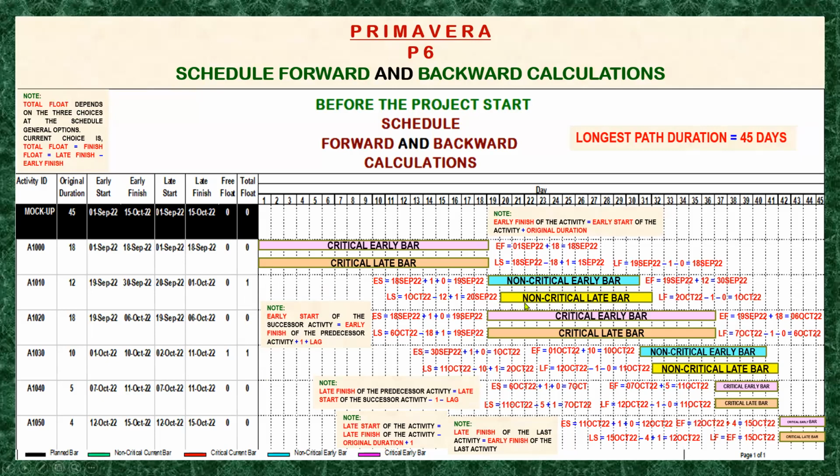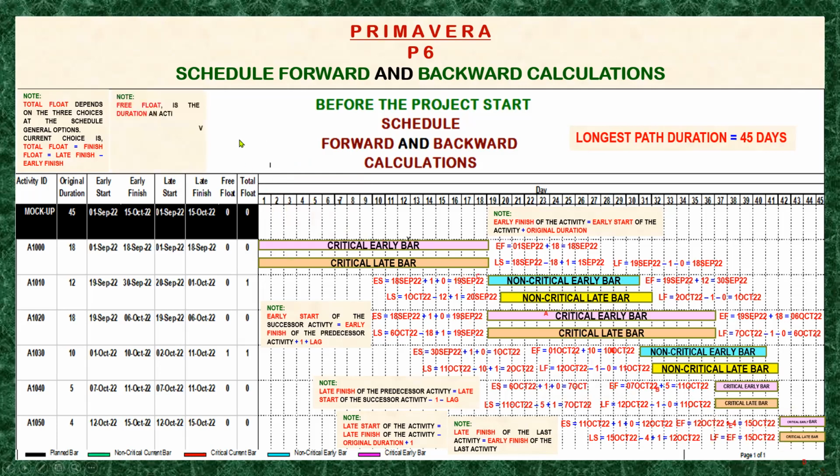But it has only 1 day to slip and it will become critical. Once this slips, or if you increase the duration on this one, it will become critical. During the progress update, when this slips or is delayed by 1 day, it will become critical. And also the free float.